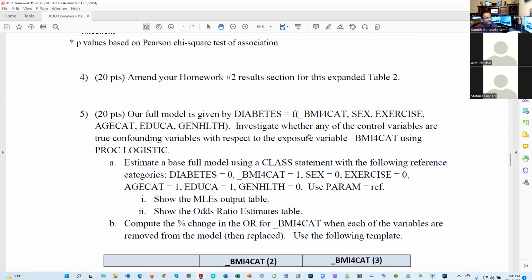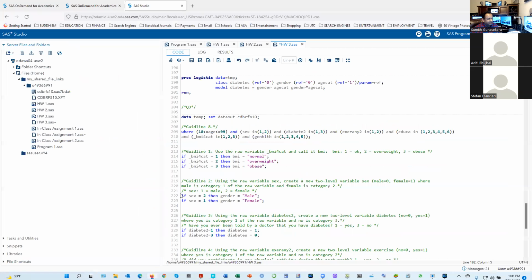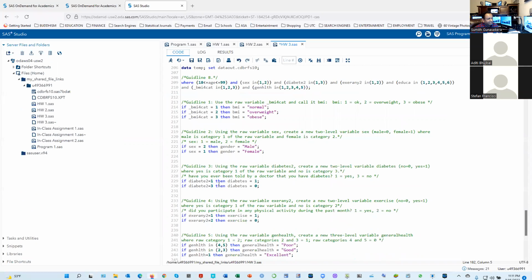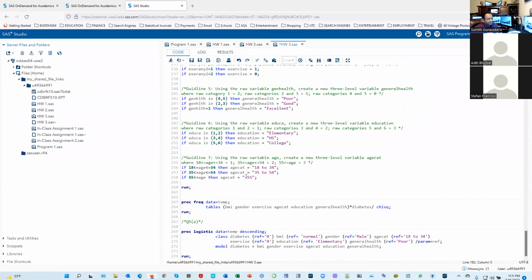Investigate whether the control variables are true confounding variables with respect to the exposure. That kind of discussion we built up, and to do that you really need to build this up. Here you're going to make the changes. I got this from here, and I need all the elementary everything like that.